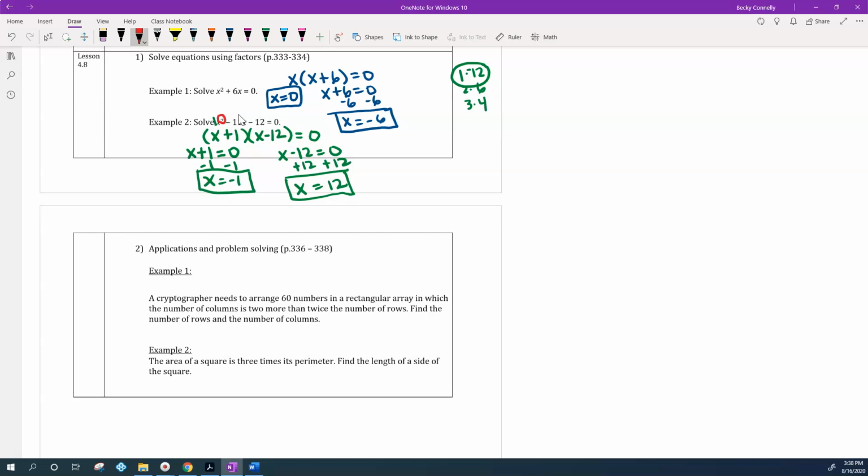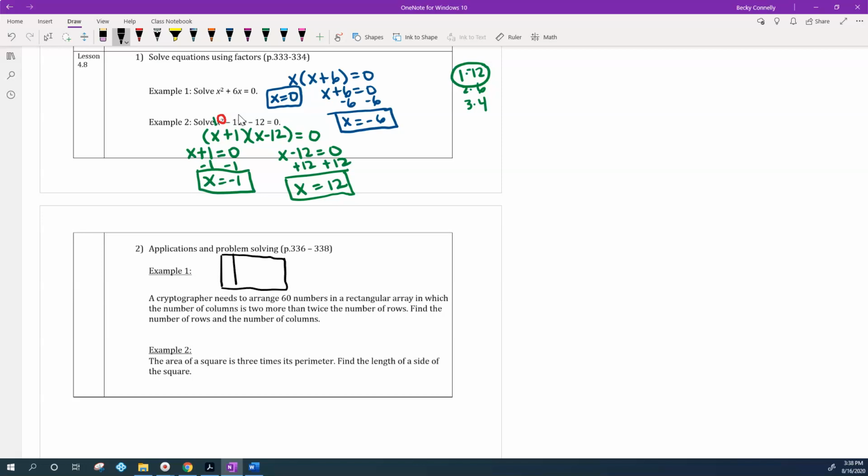So this first one, let's read through it. A cryptographer needs to arrange 60 numbers in a rectangular array. It's kind of like if you were in Excel or something like that.